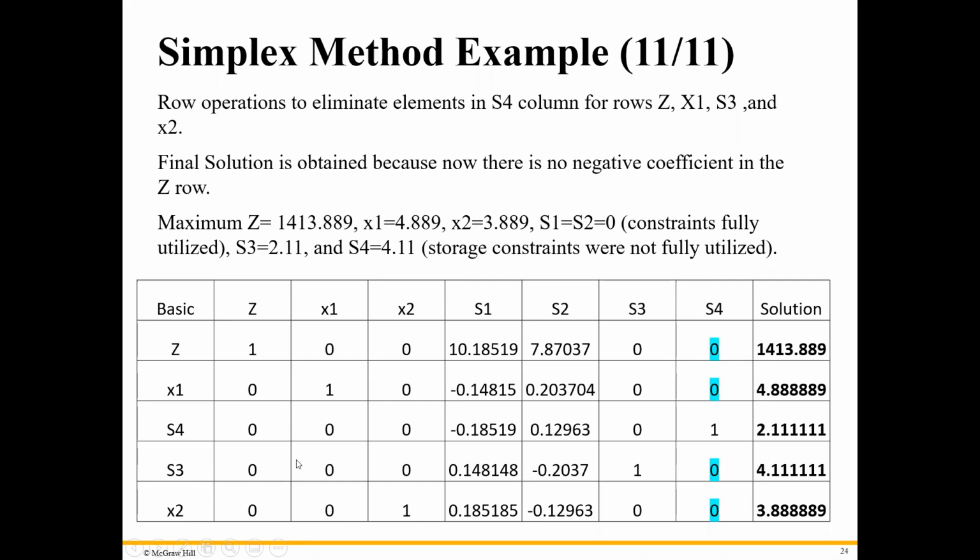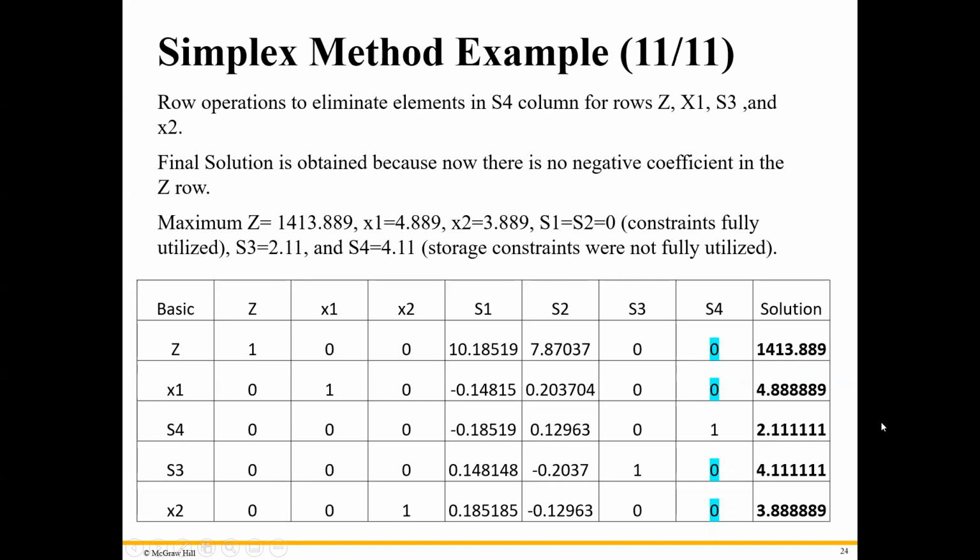This value is obtained at x1 equal to 4.889 and x2 equal to 3.8889, with the slack variables S3 and S4 equal to 4.1 and 2.1 respectively, while the slack variables S1 and S2, because they are not appearing over here, will be 0. That means these constraints are fully utilized, whereas the constraints S3 and S4, the storage constraints, have not been fully utilized.